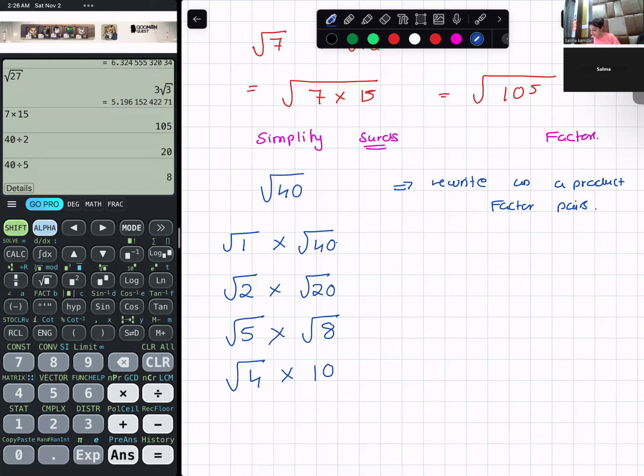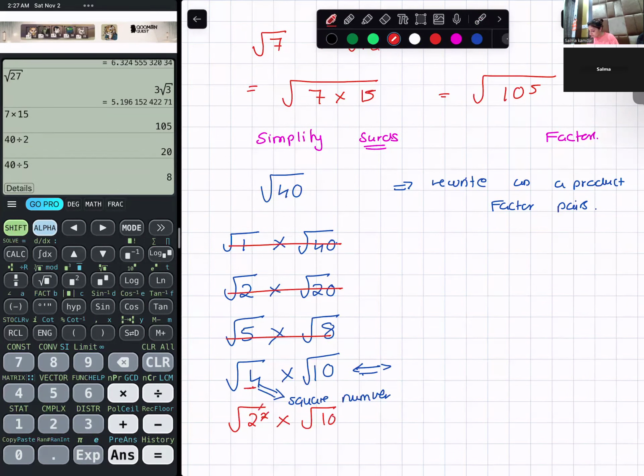If I want to simplify surds, the way you should do it is rewrite it as a product of its factor pairs. The reason I rewrite it as a product of factor pairs is that I might get one option where a factor is a square number. So if you see the fourth one, 4 into 10, 4 is a square. So I will not take the other options. Root of 4 can be written as root of 2 square, into root of 10.